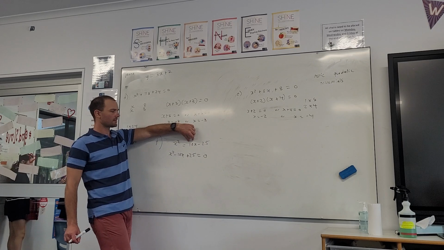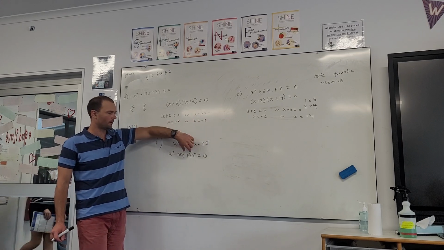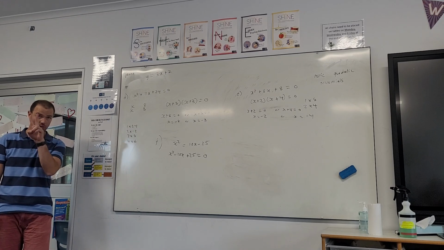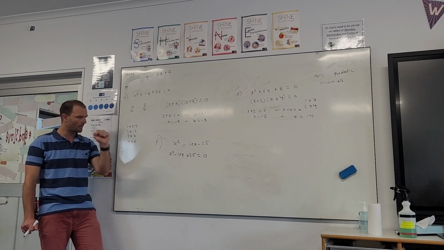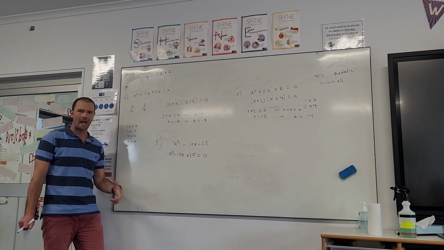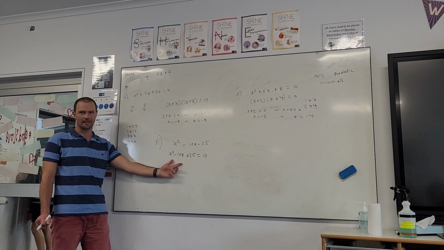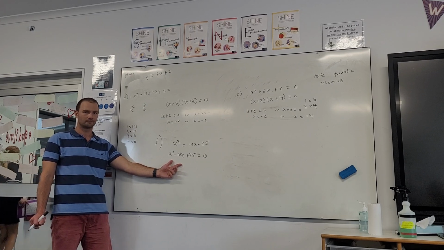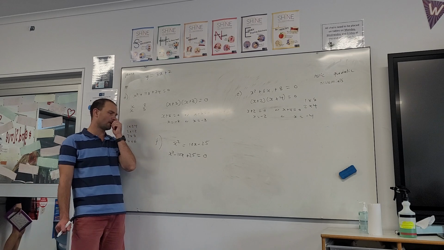I'm taking away 10x, there it is, adding 25, there it is. Okay, so now we're looking for two numbers that when you multiply them, you get positive 25. But when you add them, you get negative 10.